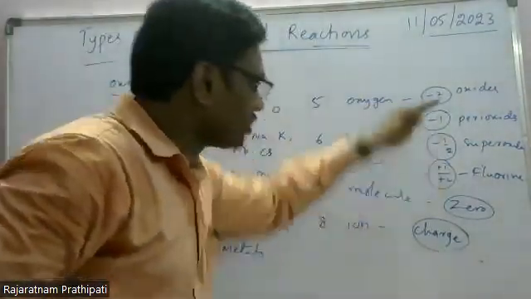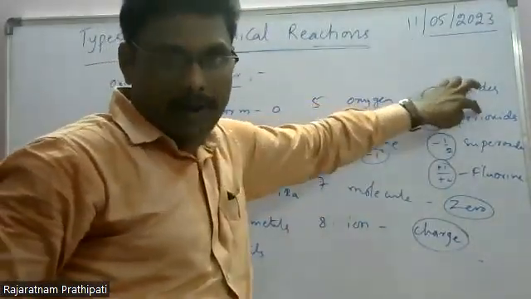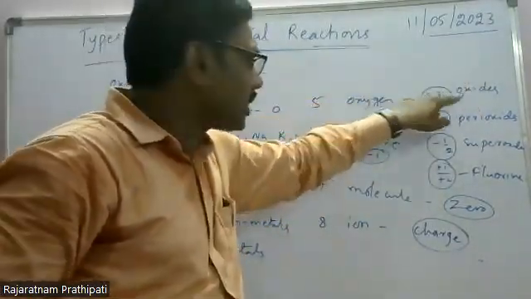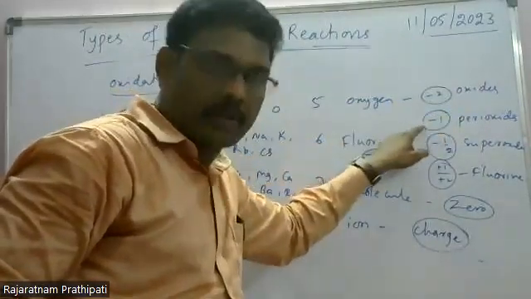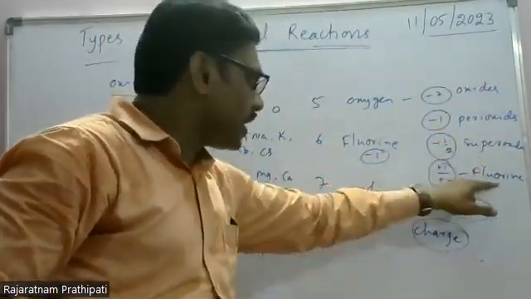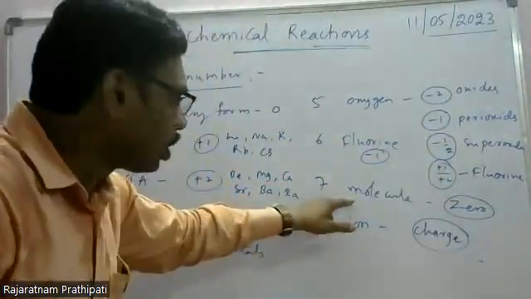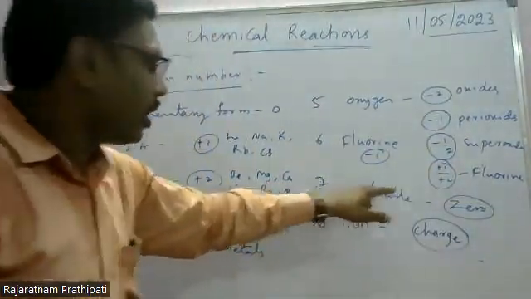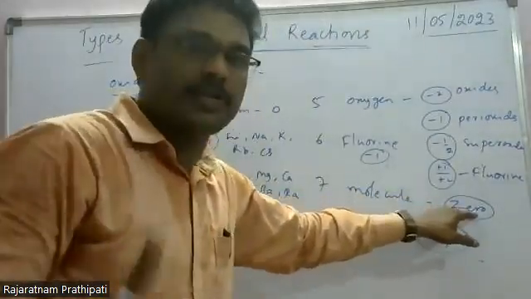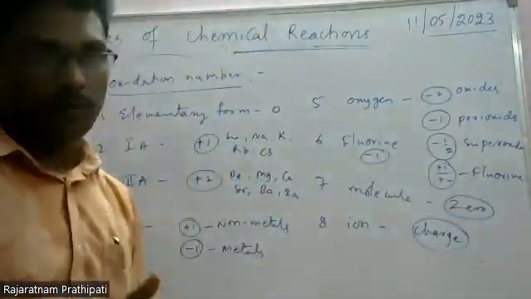Oxygen has different oxidation states: -2 in oxides, -1 in peroxides, -1/2 in superoxides, and +1 or +2 with fluorine. For a neutral molecule, the sum of the oxidation states should be equal to 0.